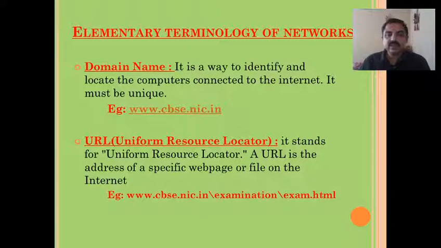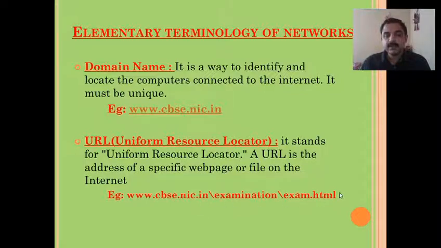URL stands for Uniform Resource Locator. A URL is the address of a specific web page or file on the internet. For example, you go to the CBSE site, from there you click on an option, examination, and under that you click on another page. If you see the address bar on the top, it looks like this: www.cbse.nic.in/examination/exam.html.